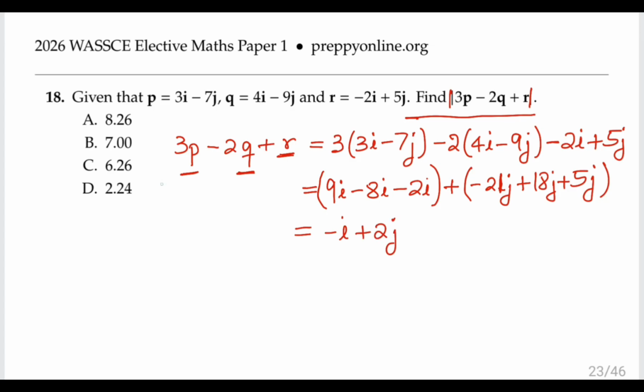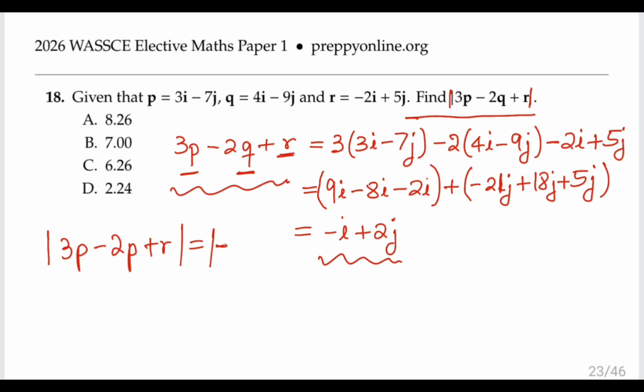So this whole expression has given us that. And now we are trying to find the length of this, minus 2p plus r. That is the length of this vector. So the vector is minus i plus 2j.